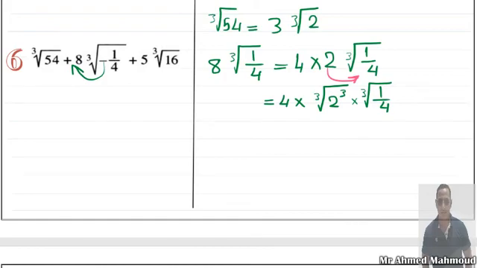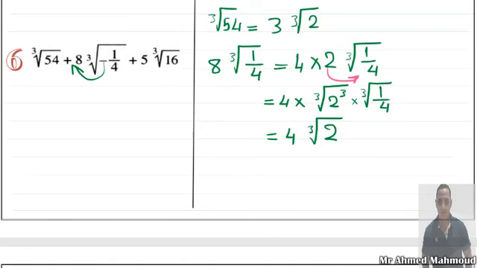It equals 4 cubic root of 2 power 3 times 1 over 4, which equals 2. Again, 2 power 3 times 1 over 4 equals 2. Okay, this is the simplest form.